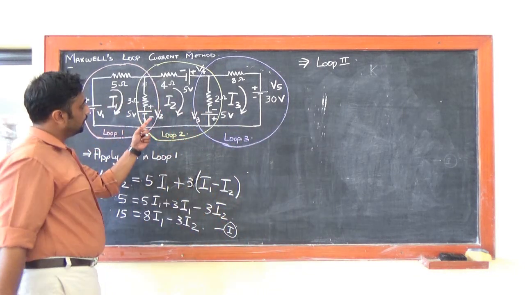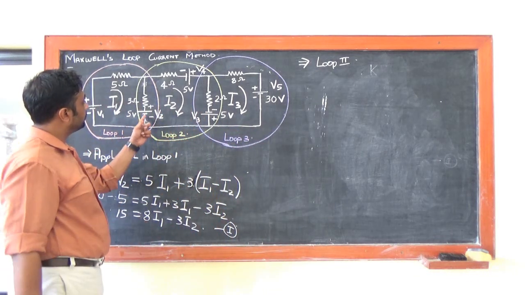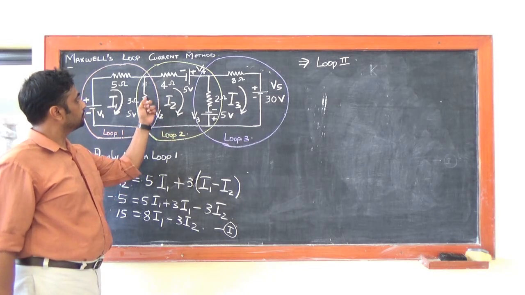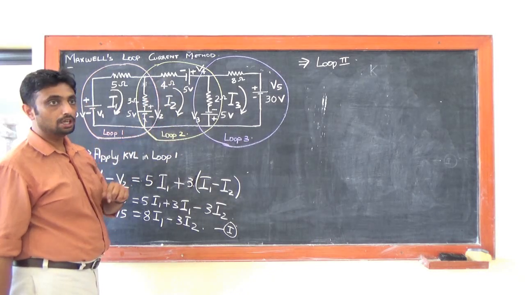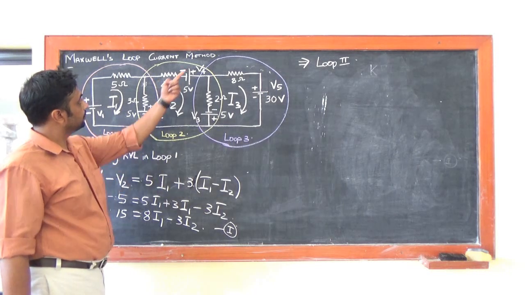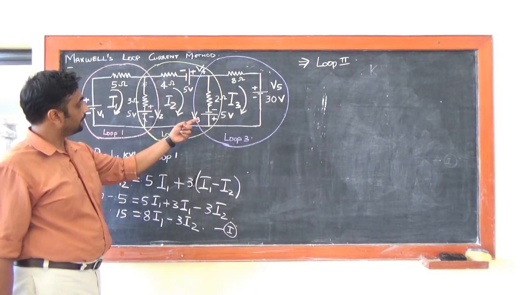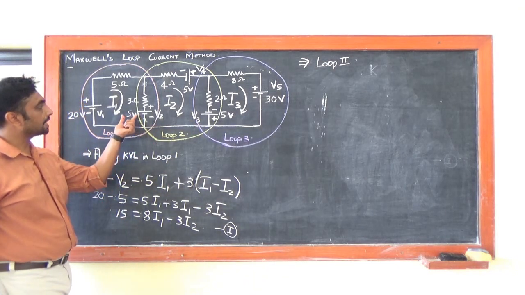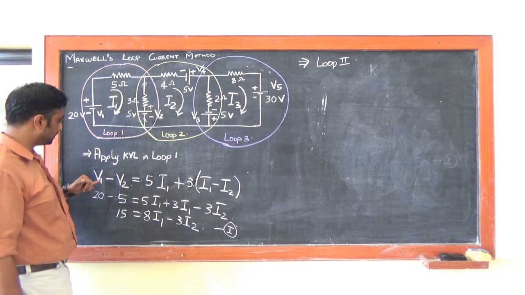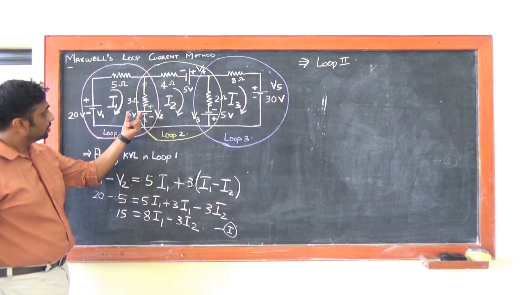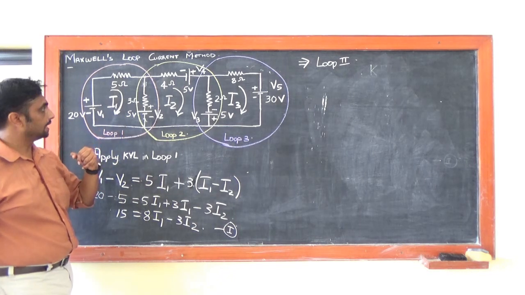In loop 2, again as I told you, first find the voltage sources and equate them to the voltage drops. So how many voltage sources do we have? We have V2, V4 and V3. From now I am going to directly take the magnitudes of the voltages. I am not going to represent them as V1 and V2 because that's already understood by now.